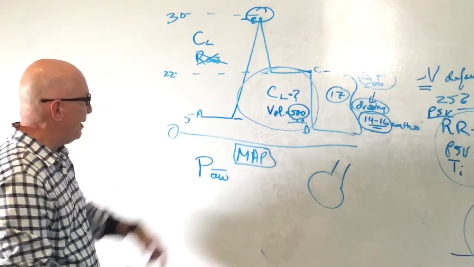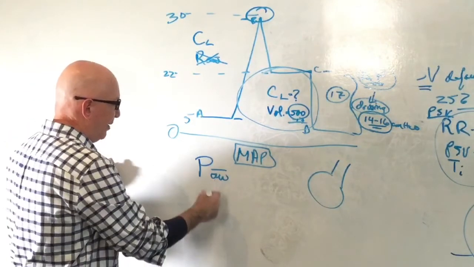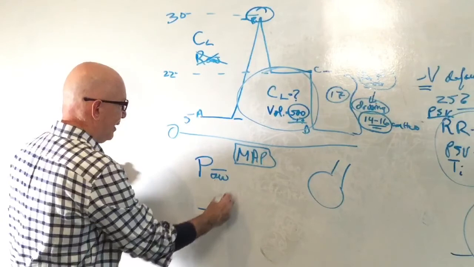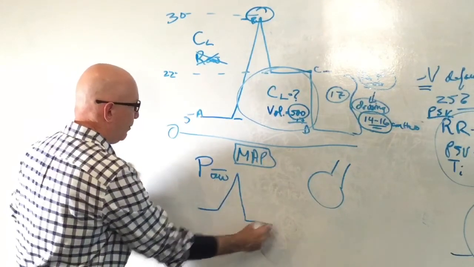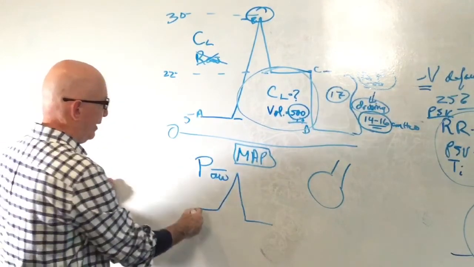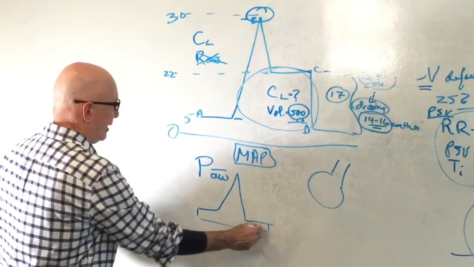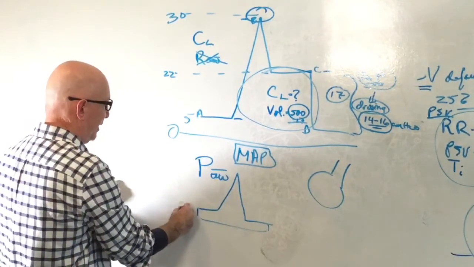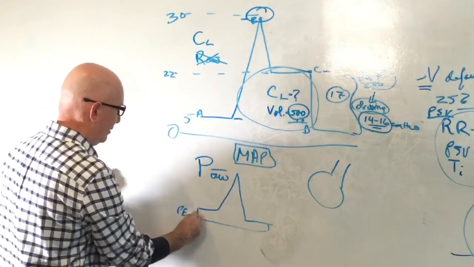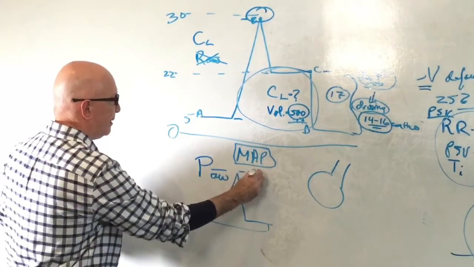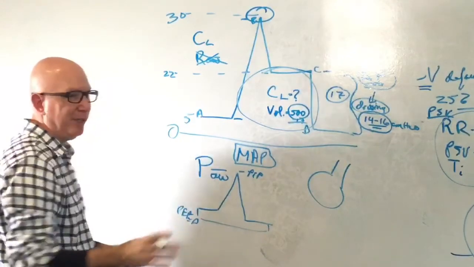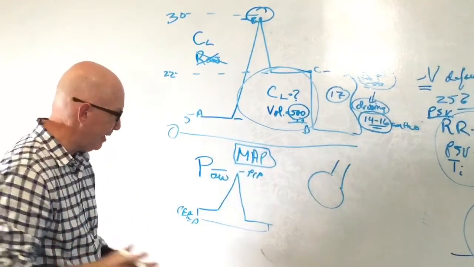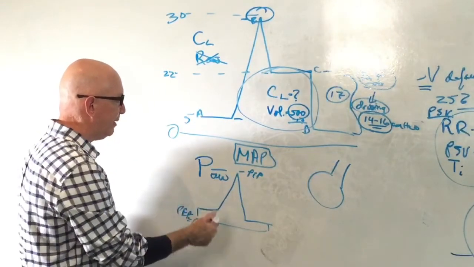So mean airway pressure, remember, is a function of a number of factors. If we look at what we get with a mechanical breath, it's everything that's below the waveform. So we have PEEP and PIP. Bear with me, Dennis, because I'm going to get to an answer to this, because you likely know these pieces here.